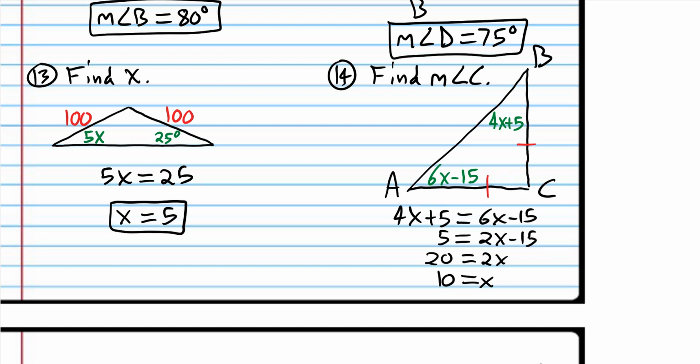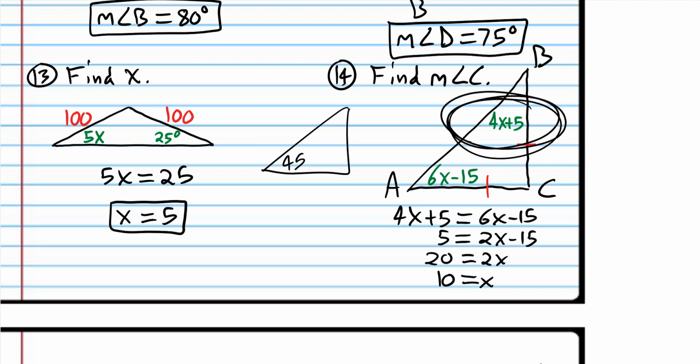So we can plug in 10 for x and use the triangle sum theorem to find that angle. So 10 times 6 is 60. 60 minus 15 is 45. So I know that angle is 45, and I'm going to take the triangle out here and write 45. And if I plug in 10 here, 10 times 4 is 40, and then 40 plus 5 is 45. So I know this angle must be 45.